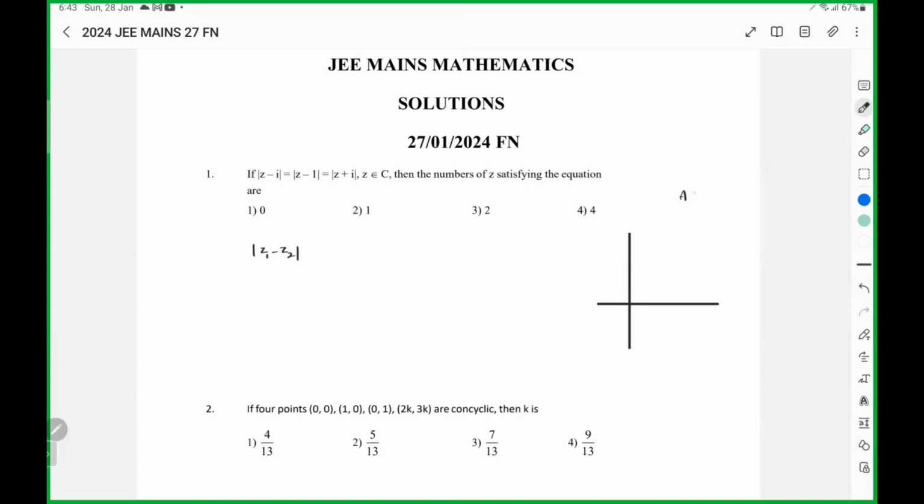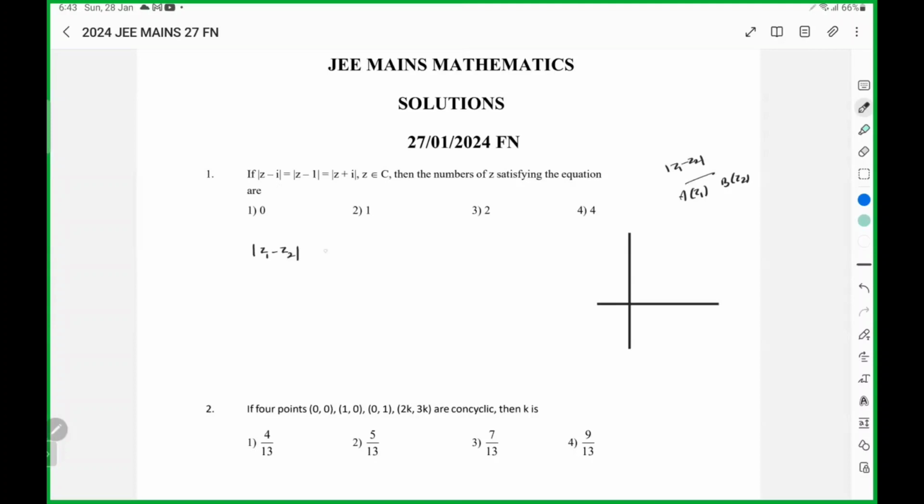A represents z1, B represents z2. AB represents the distance between them, so |z1 - z2| represents the distance between A and B.